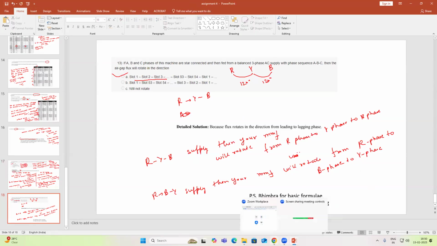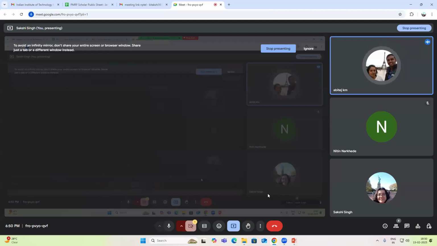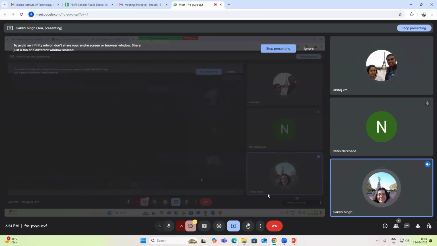One last point regarding these assignments. The first two assignments I was not able to complete. I am also good at exams, so will this affect the score? I think each assignment carries some marks. I actually do not know this marks distribution.